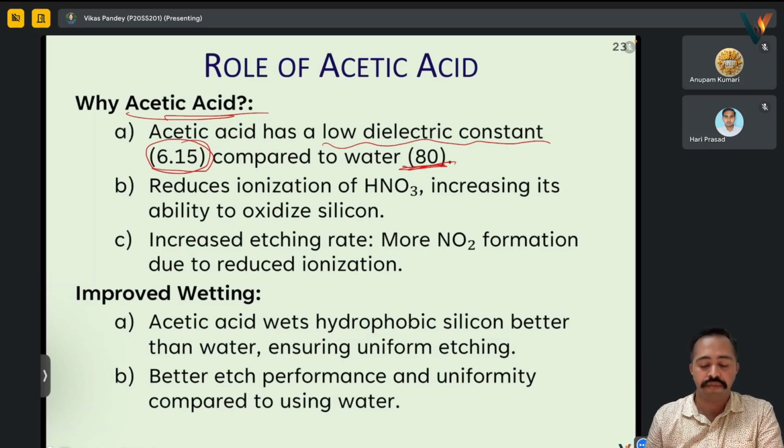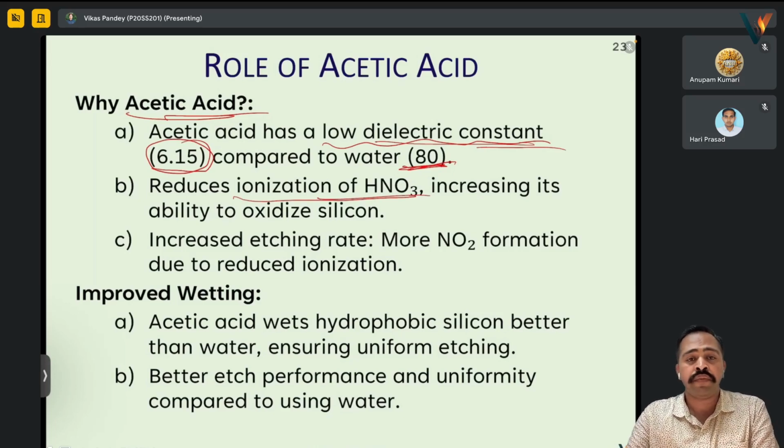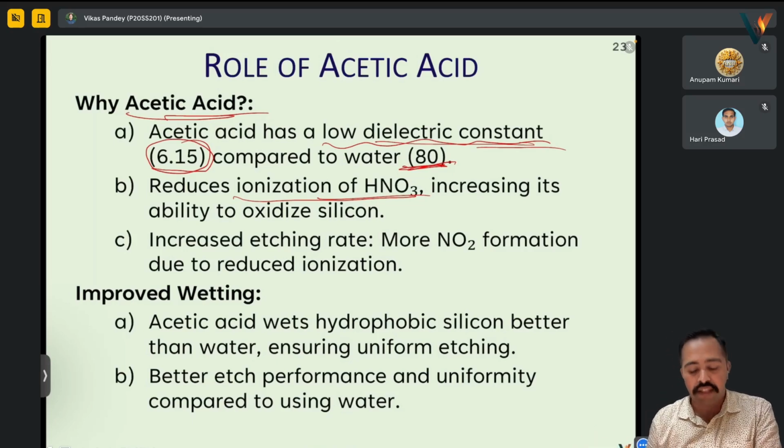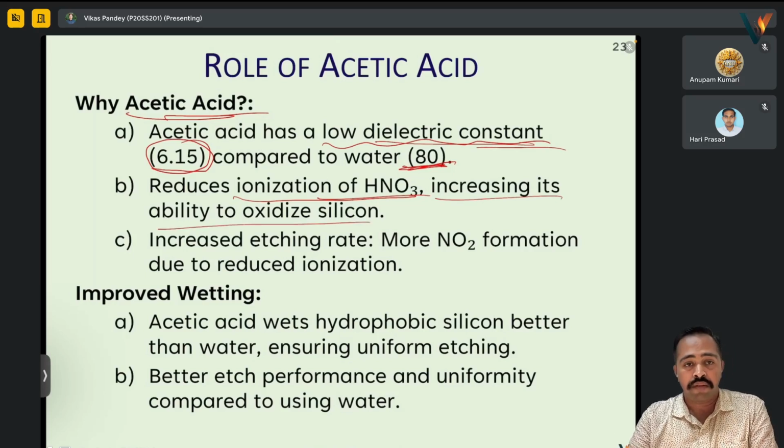If we have a low dielectric constant material, the ionization of HNO3 will be less. And if ionization is less, the reaction leading to NO2 formation will occur easily, and that increases its ability to oxidize silicon. And if more NO2 is forming, more oxidation is occurring, and we will be able to increase the etching rate.